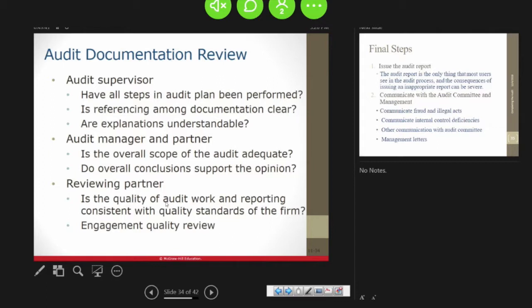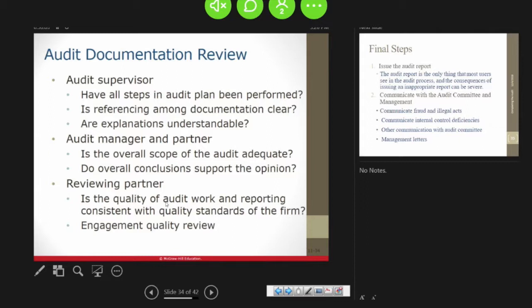So if you're auditing internal controls over a revenue process and you conclude that the controls are effective, then the work papers documenting that should support that conclusion. That's what the audit supervisor is going to look at, and that you performed the audit procedures sufficiently and effectively.